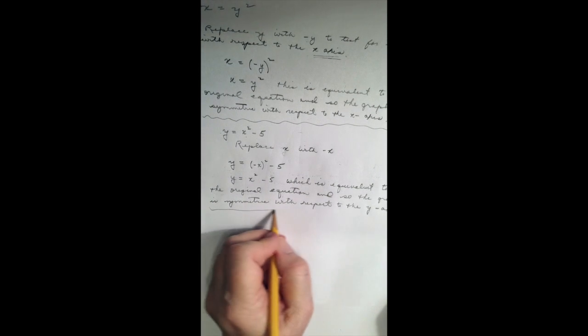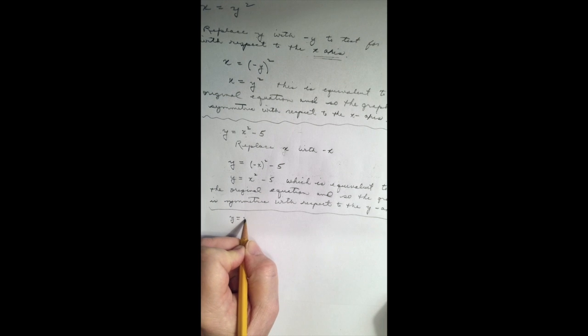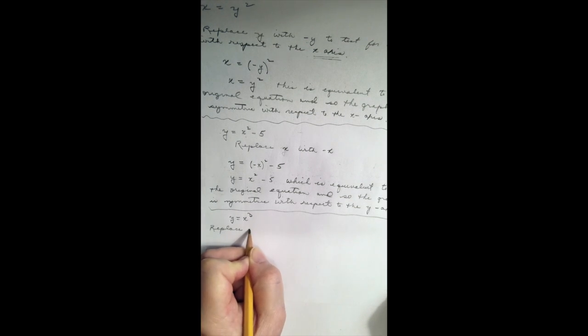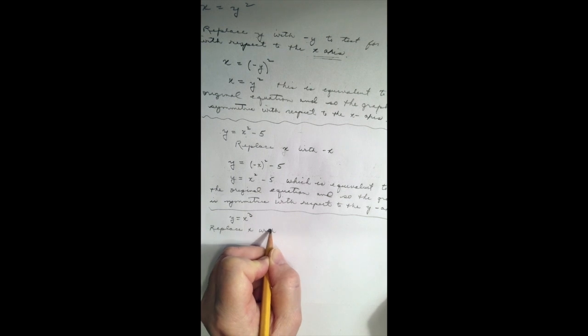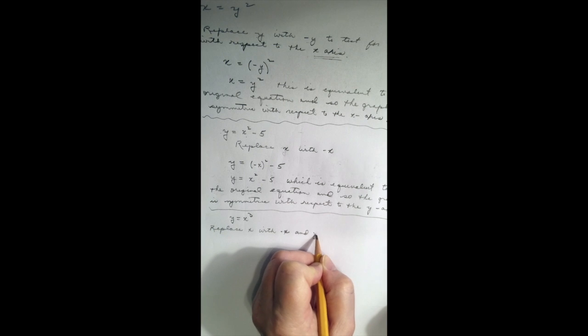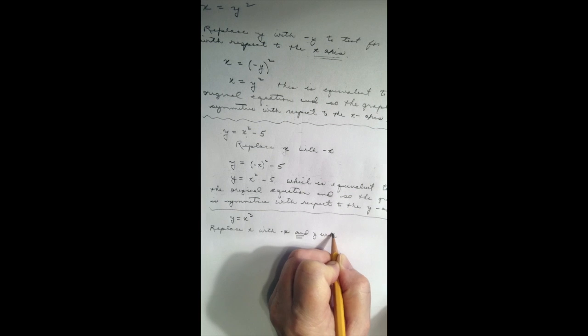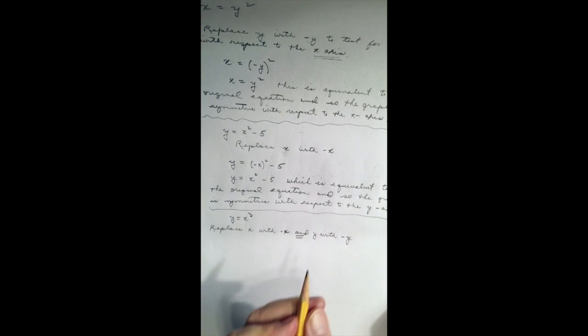Okay, so now let's look at the third equation we had, y equal to x cubed. And to algebraically test to see that it's symmetric with respect to the origin, we want to replace x with negative x and y with negative y.